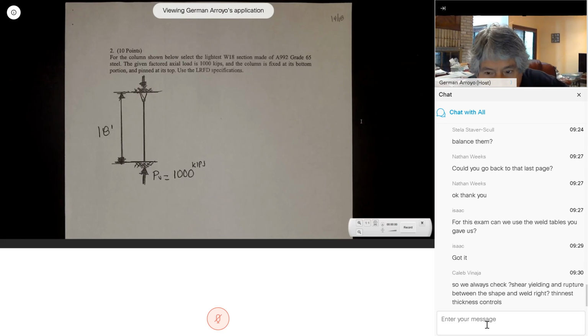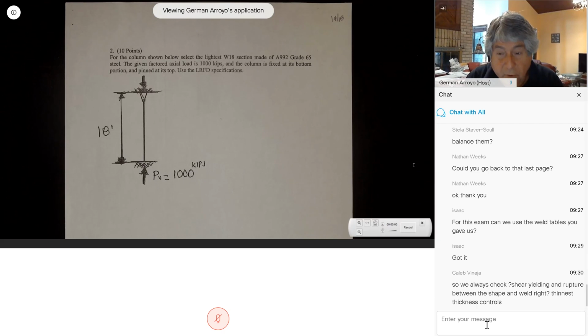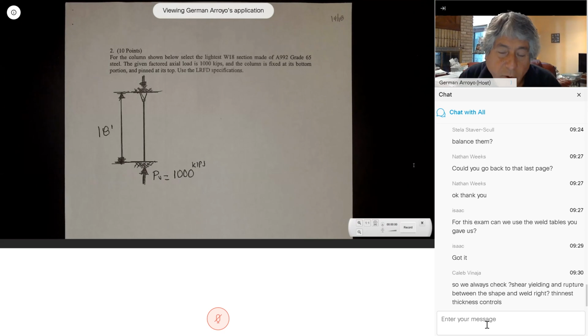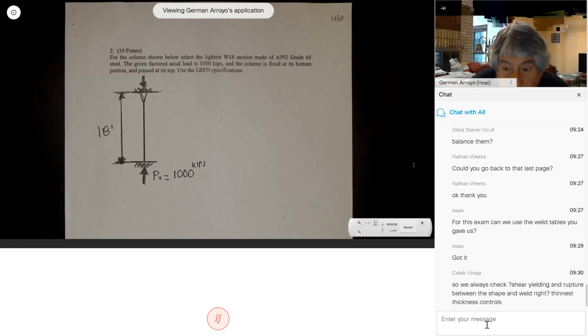Whenever it's not obvious, at first I check the shear yielding and the shear rupture of the plate, and also the shear yielding and the shear rupture of the web. The reason I did both was because we needed to know which one was the smallest, but also because in this particular case the web was the critical one.